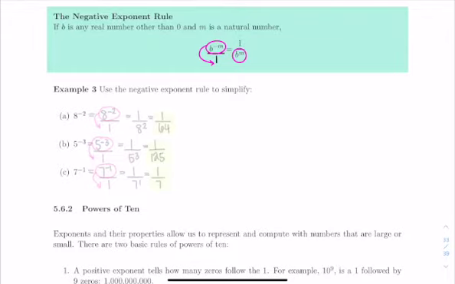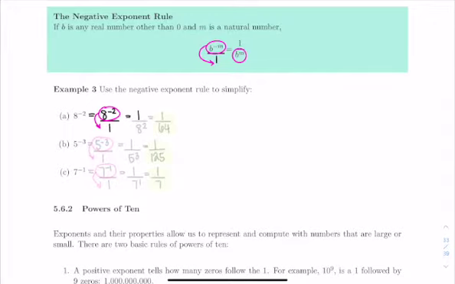So let's go ahead and try example number 3. We've got 8 to the negative 2. And remember, we can always write this over 1. And so that means that 8 raised to the negative 2 is going to get flipped to the denominator.